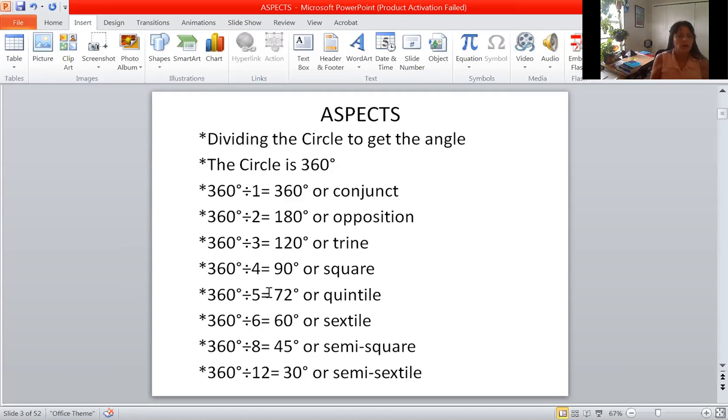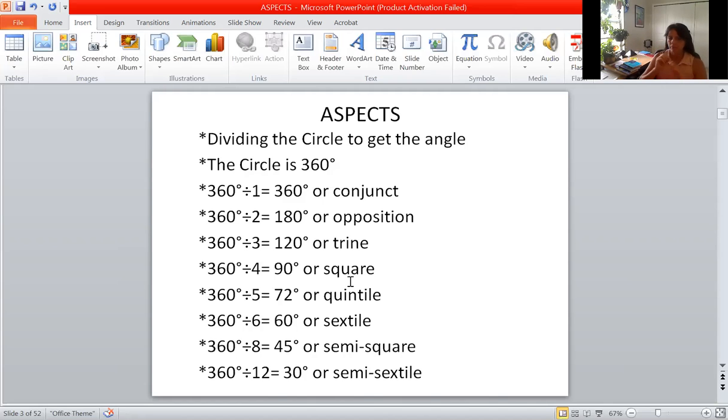If we take this circle, we know that it's 360 degrees all the way around. If you didn't know that, you know it now. If we take 360 degrees and divide it by 1, we get 360, of course, and that one is called the conjunction, when two planets are right next to each other, real close.